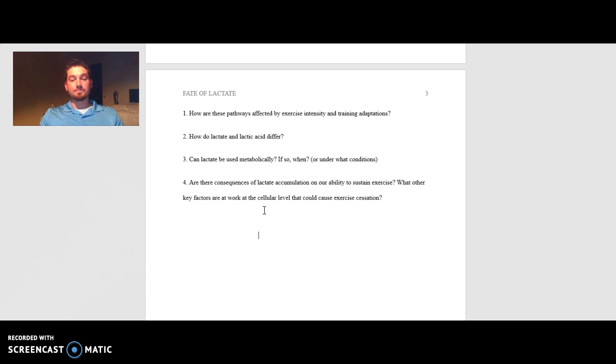So this is going to prevent some energy production and effectively stop muscle contraction. So obviously muscle fatigue because of acidity is one of the biggest consequences of lactate accumulation. It's what most people would cite when referring to the research. It's important to note, though, that there are other consequences to lactate accumulation.